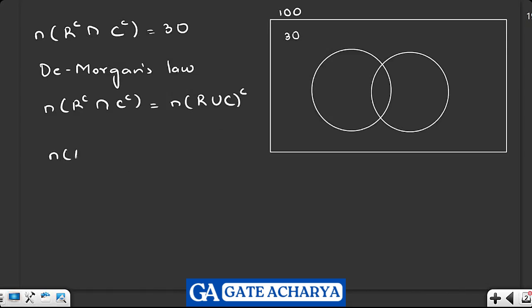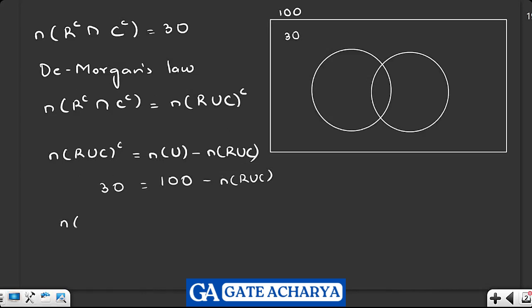Now, the number of R union C the whole complement is the total elements in the universe minus the number of elements in R union C. The total number of students in the class is 100 minus R union C, which we don't know, but this value is known: 30. So you can conclude that the number of R union C is 70. So this is R, this is C.